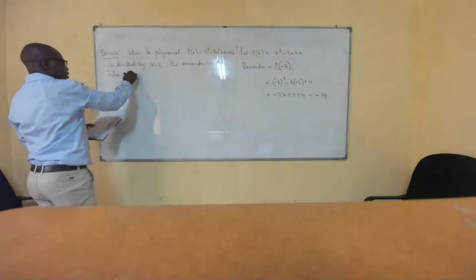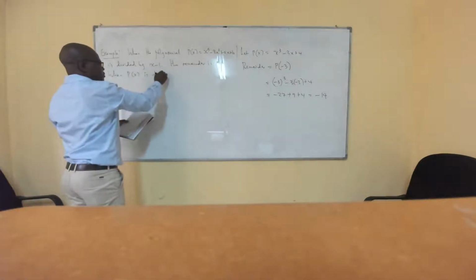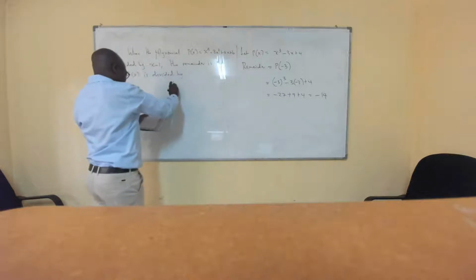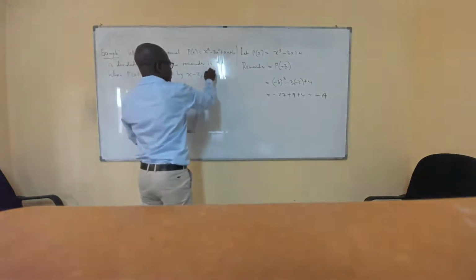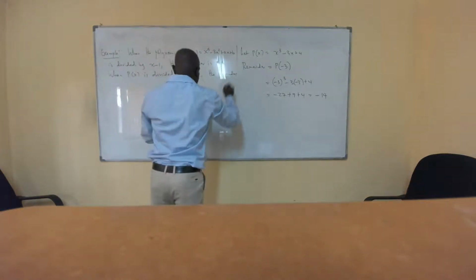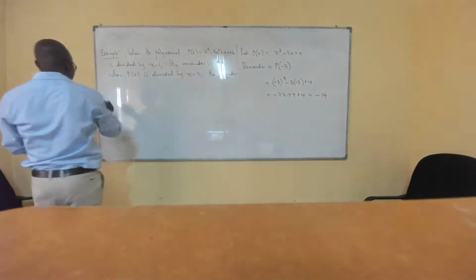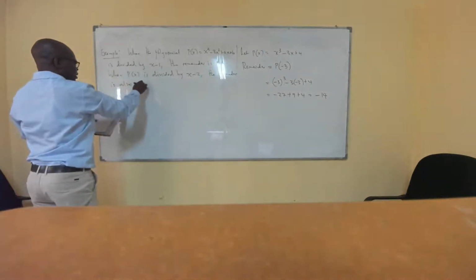However, when P of x, the same polynomial, is divided by x minus 2, the remainder is also minus 4.